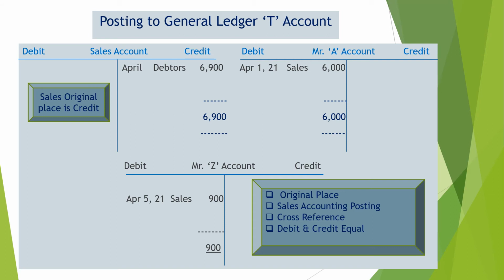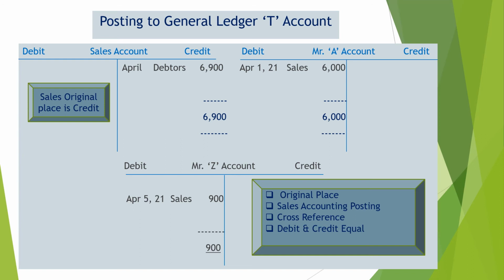You can see the individual ledger accounts. In the sales account, we say sold to debtors, and in the debtors account, we say against sales. Debit and credit are equal. You can see the debit side, which is Mr. A and Z. The total is 6,900, which is equal to the credit side of the sales account, which is 6,900.